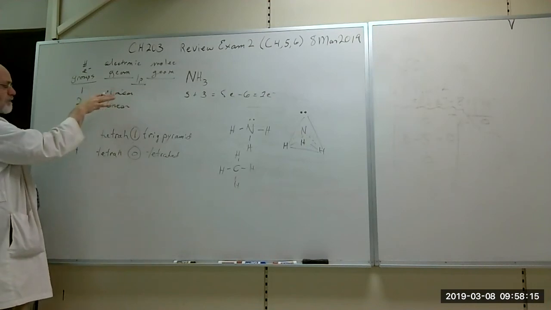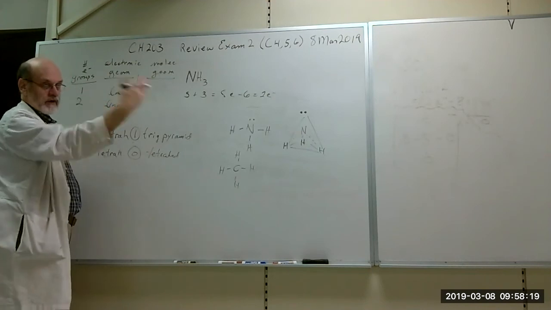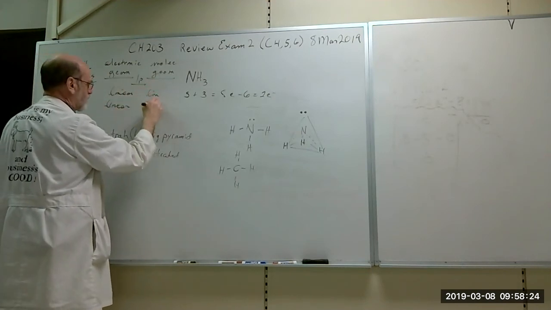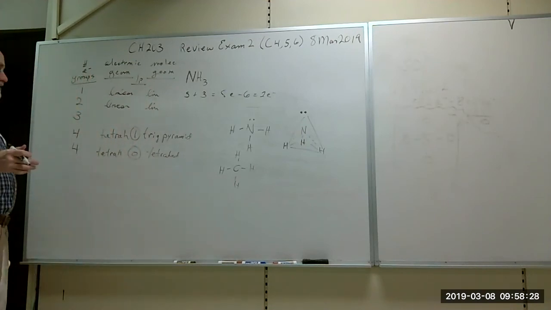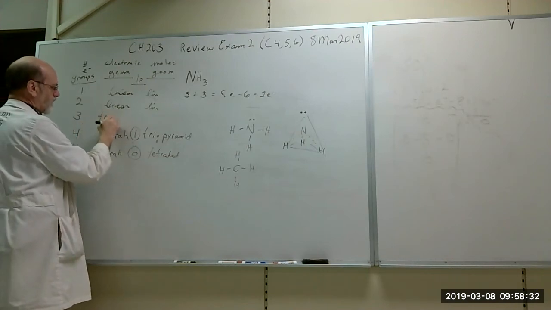And if one of them happens to be a lone pair, you're still linear because you've only covered up one side of the molecule. So these are going to be linear. But if you have three, the electronic geometry for three groups is trigonal planar.